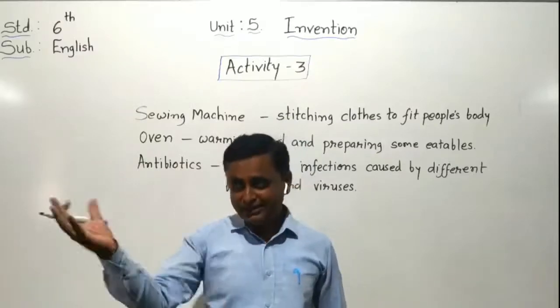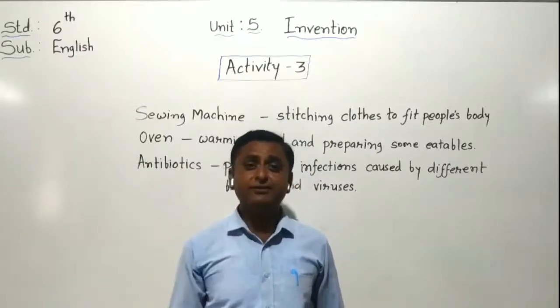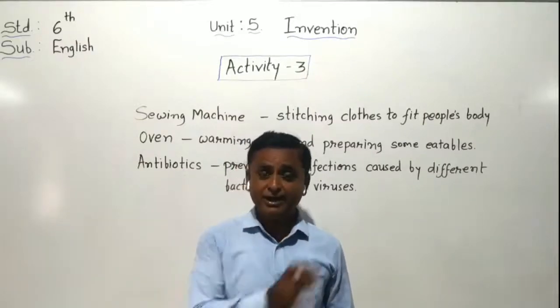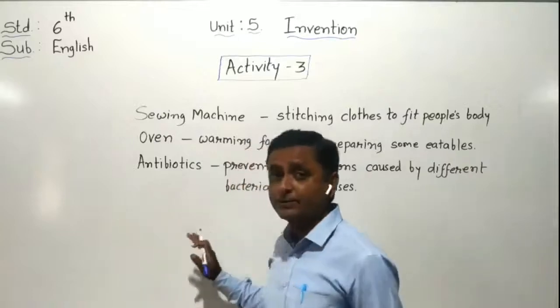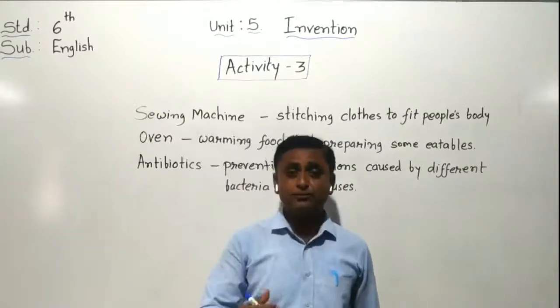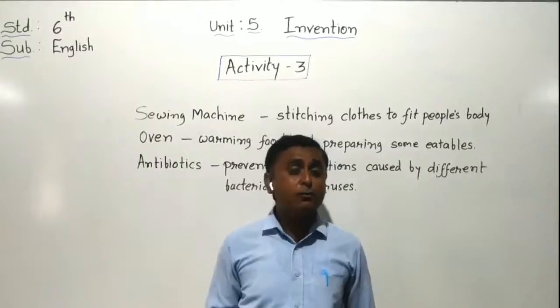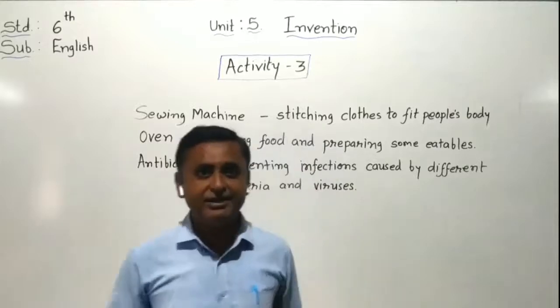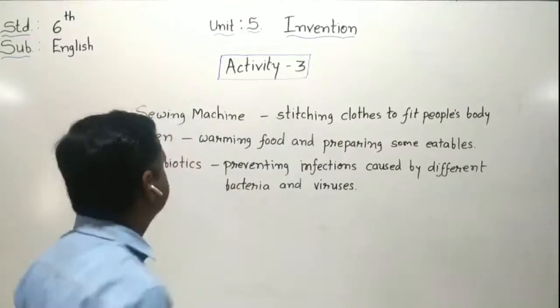To solve those 3 problems, we require a new invention. You have to write those 3 inventions here. So I write as an example here. You have to complete it in your textbook. Otherwise, you can also think of your own real problems. Okay? Just I write here 3 inventions.